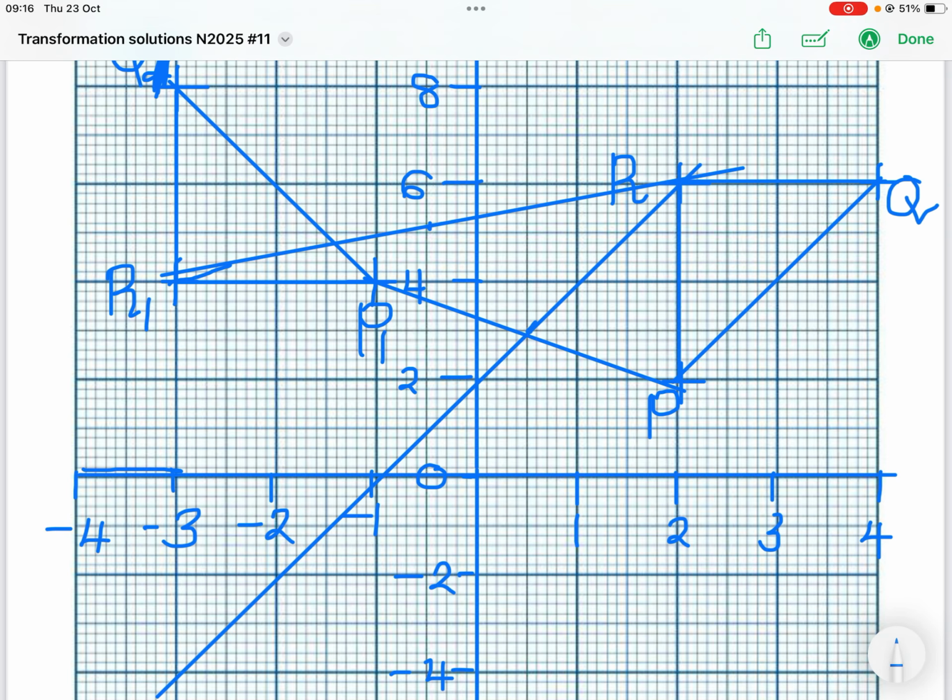So we need to come up with our perpendicular bisector. It's supposed to be like this. Yes, this is going to be our perpendicular bisector. So there's a point where the two are intersecting. They are intersecting here. So we need to write that coordinate.